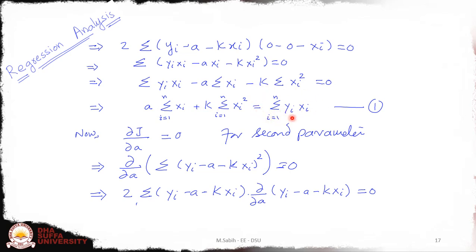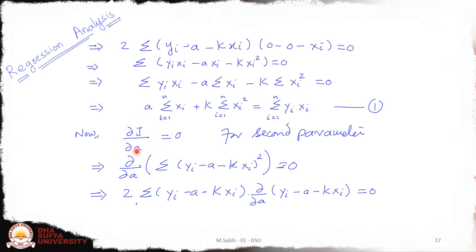Notice that this yi and xi are all the data points, and we can easily calculate them. The unknowns are k and a. This summation xi can be calculated because we have all the n data points. The summation of xi square can be calculated, and similarly yi and the product summation can also be calculated.